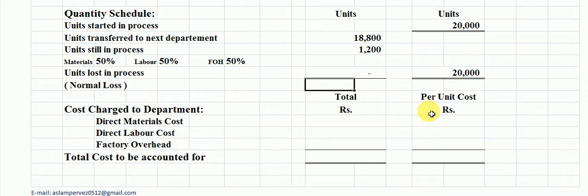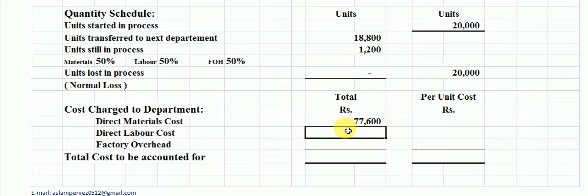Now in section 2, cost charged to department. In this question, the direct material cost is given as 77,600 rupees. Direct labor cost is 97,000 rupees, and factory overhead is 58,200 rupees.